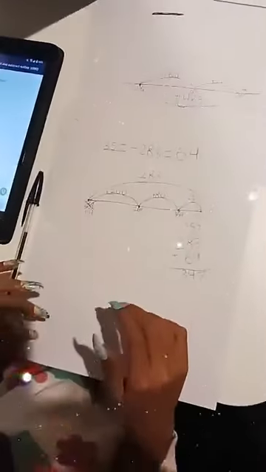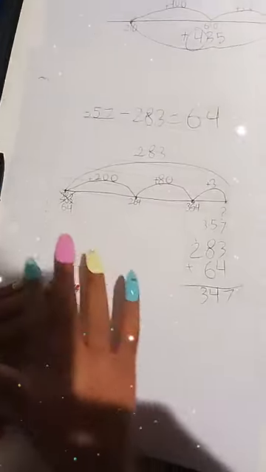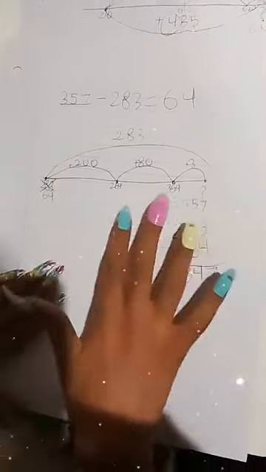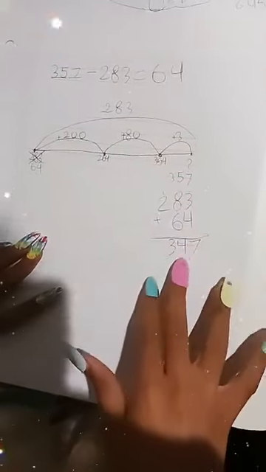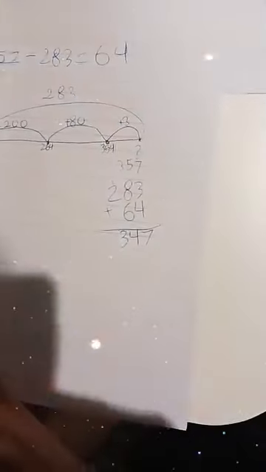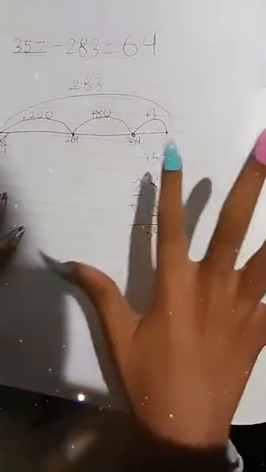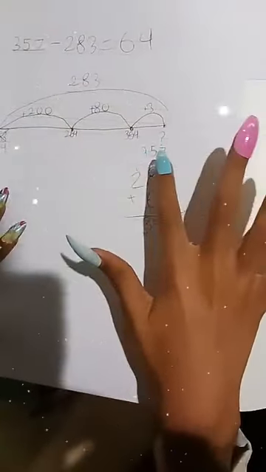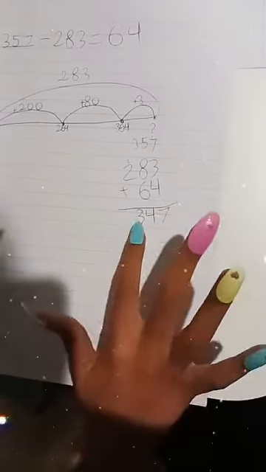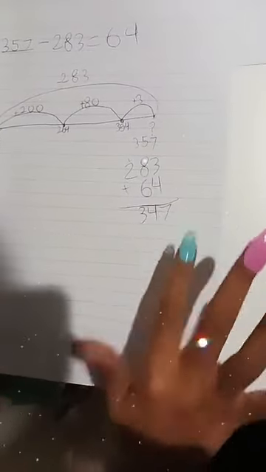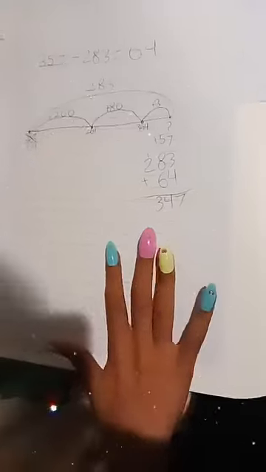Alright, so let's see what you did. Yep, so I just did it on the number line, and I double checked my work just to make sure I was right. So actually instead of 357, it was 347. Okay, so where do you think you made that mistake?